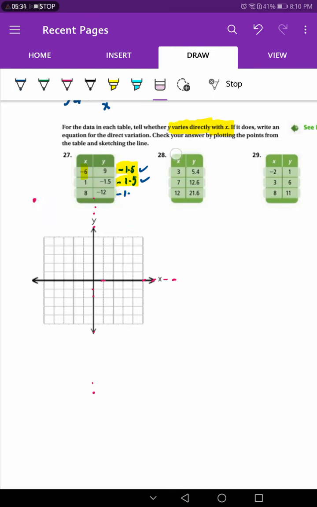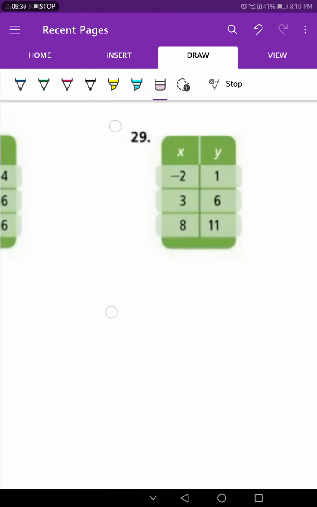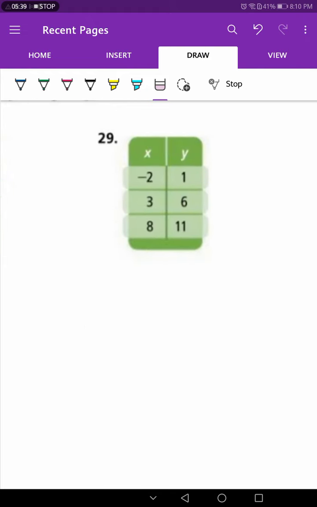Now let us take number 29 here. To find the k, we divide y by x. So 1 over negative 2, which equals negative half. And 6 divided by 3 is 2.